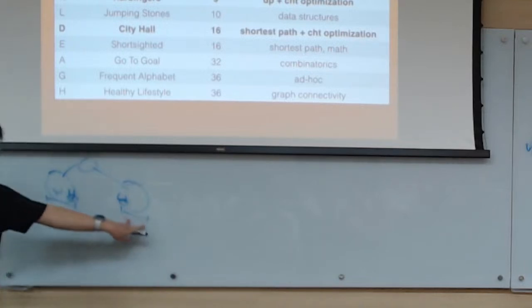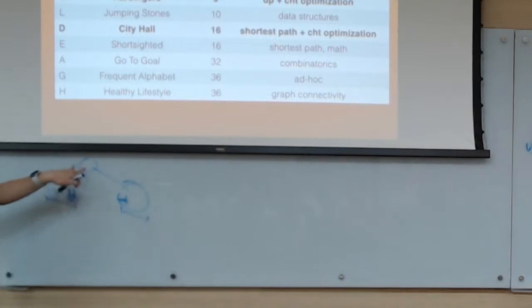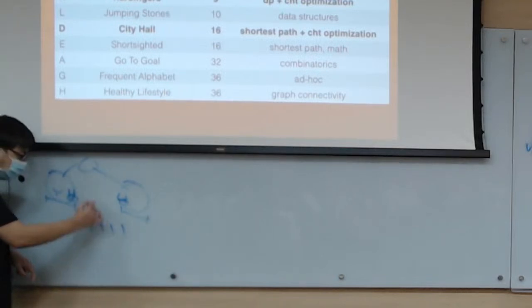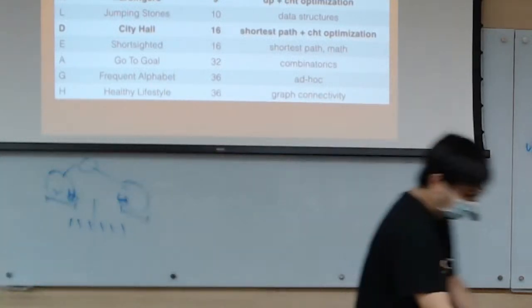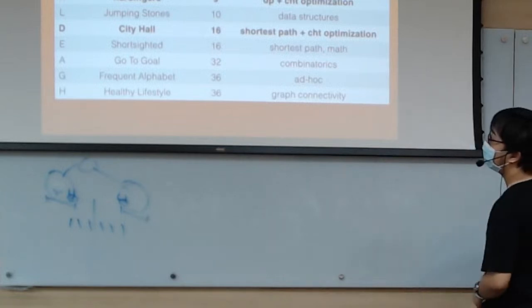If you just store the answer, when you merge them you can just take the sum, but you need to also count the ones that are cut in between these two nodes, right? So you also need to store the prefix and the suffix. Yeah, so that's for problem L.